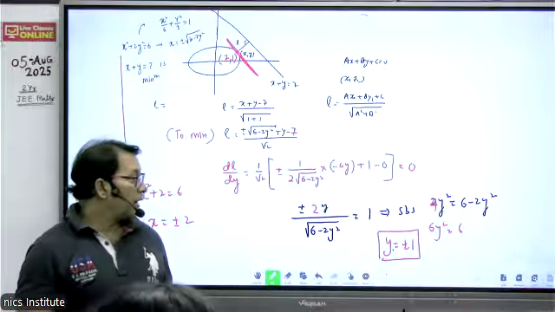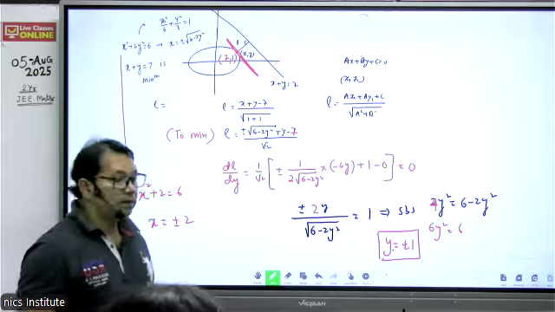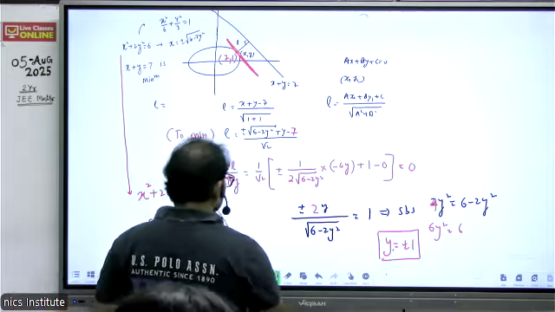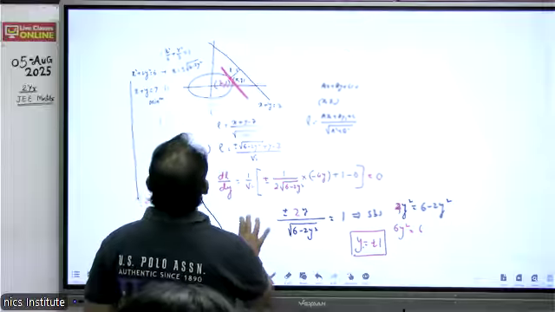Slope at that point should be the same as that of the given line.